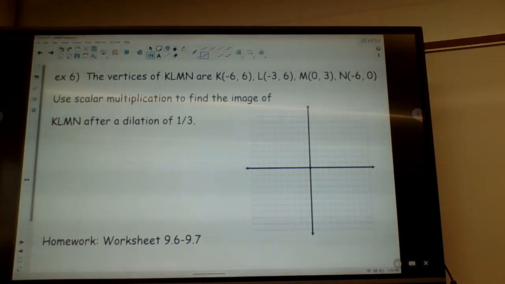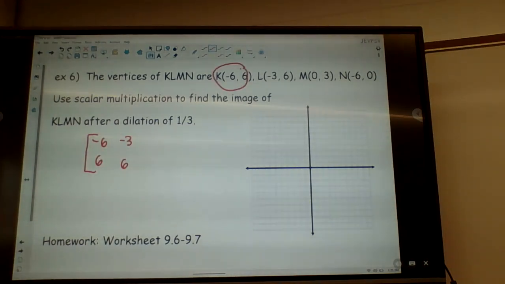So to give us the vertices of a shape, KLMN, it says use scalar multiplication to find the image of that. And so what I mean for this is what we're going to do is make this a matrix. So I'm taking these points and writing them in my matrix.